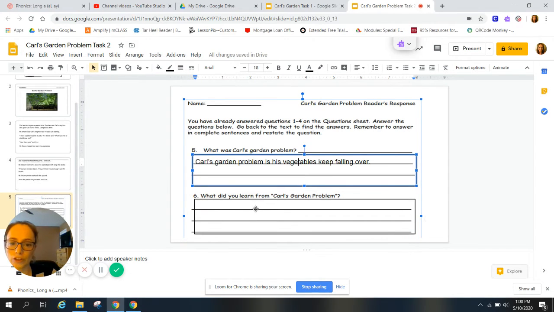Number 6, what did you learn from Carl's garden problem? So it's something that you've learned. So again, we need to restate our question. I learned from Carl's garden problem that, and this is a good chance for you guys to write down something you learned. This question isn't a right there question.